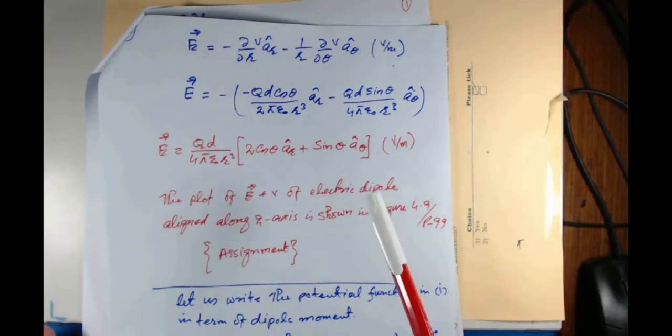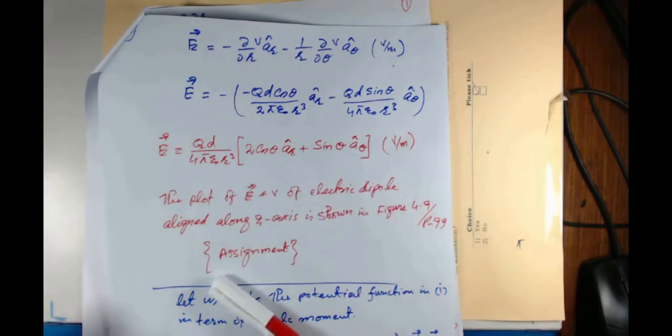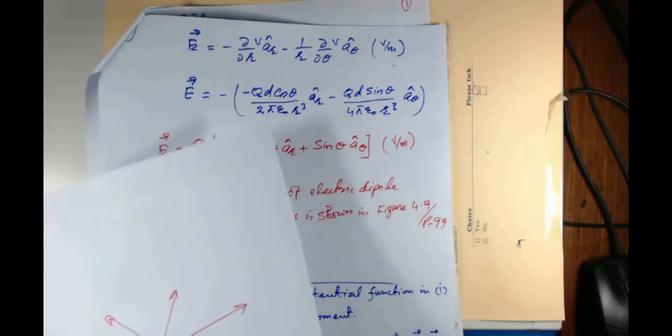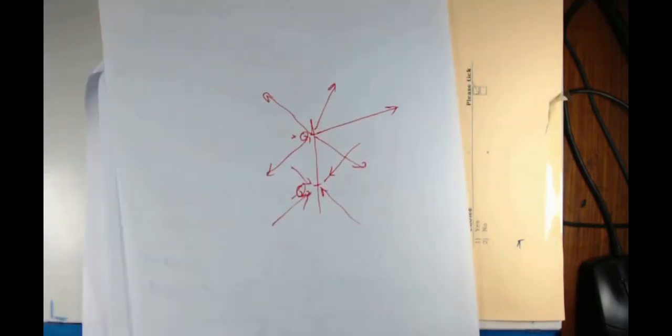The plot of the electric field and the potential function of an electric dipole is given in figure 4.9 on page 99 of the book. I wish that you would reproduce this plot using Mathematica syntax, using Mathematica commands.